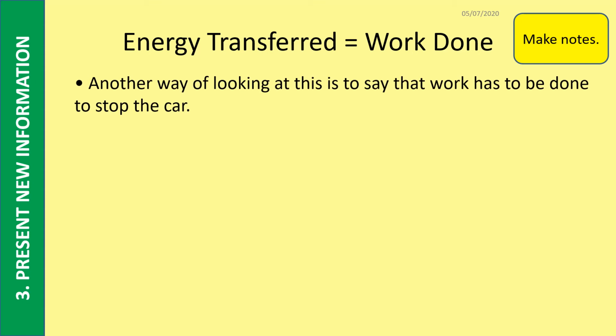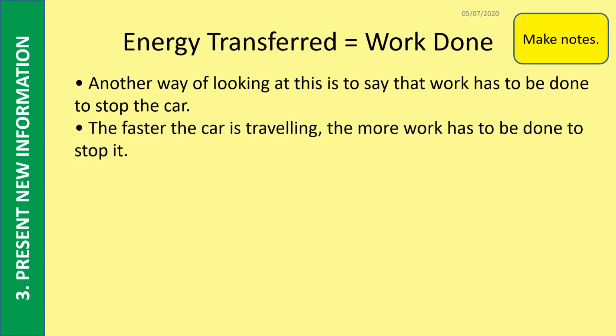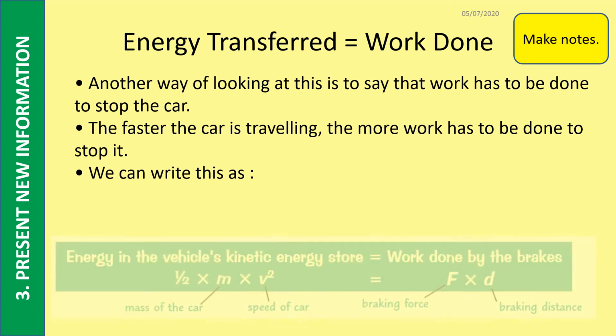Now we know from our work on energy that another way of saying that energy is transferred is to say that work has been done. So in this case, we could say that energy has been transferred away from the kinetic energy store of the car, or we could say that work has been done to stop the car. The faster the car is traveling, the more work that has to be done to stop it.